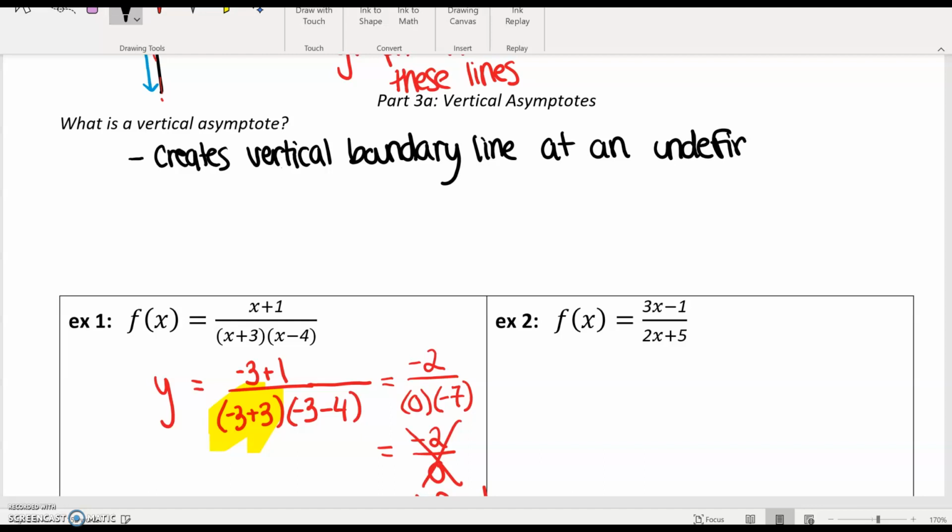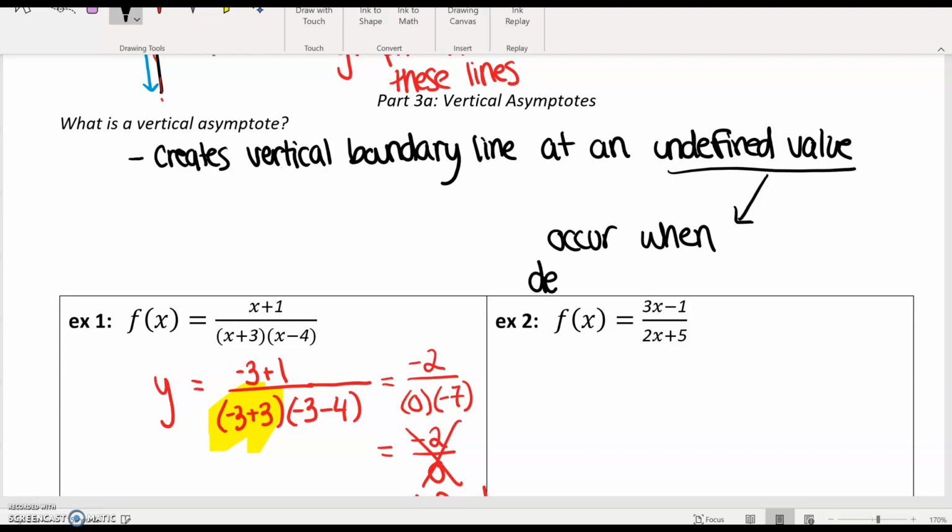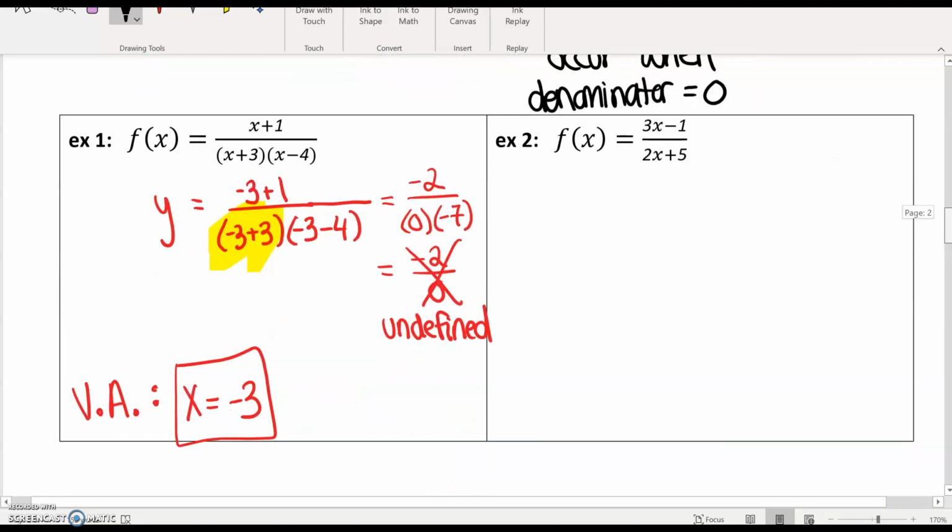So I'm going to get this written down first. But then I want to add on that undefined values occur when the denominator equals 0. You can never, ever divide by 0. Okay, so make a star by that in your notes, write it down, whatever you got to do.